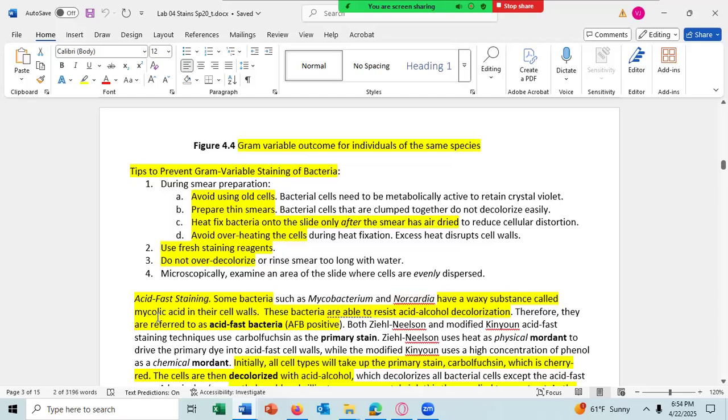So they are gram-positive, but they have an extra layer or structure in their cell wall of mycolic acid. And these bacteria are able to resist the acid alcohol decolorization in the acid fast stain. And we call these cells, the Mycobacterium and the Nocardia, acid fast positive bacteria, as opposed to acid fast negative bacteria.